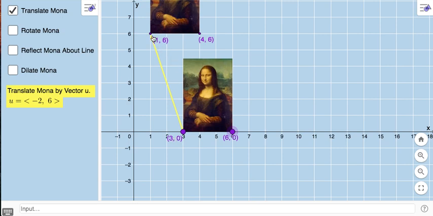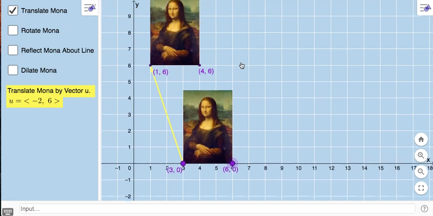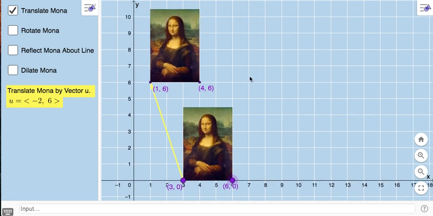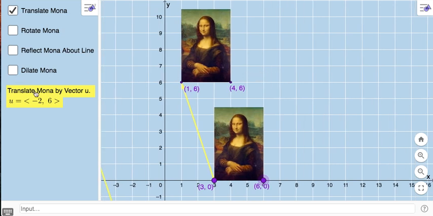That makes sense because if we take 3 and deduct 2 from the x coordinate, we're left with 1. Same way, for 0, we add 6. 0 plus 6 gets you 6. We do this for all of the coordinates. Although only 2 are highlighted here, we do the same thing for the top left and top right. The bottom right starts at (6, 0) for the pre-image, but the image would deduct 2, getting 4, and add 6, getting (4, 6), and all of those points fall into place.